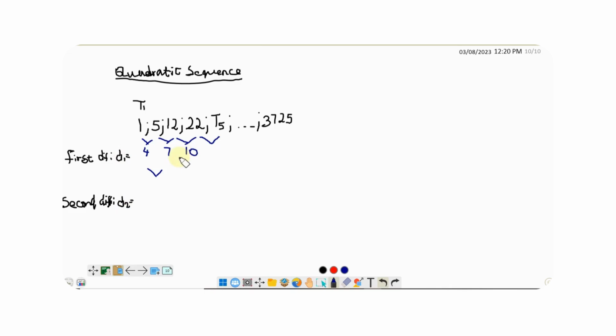From the first difference, we have to find the second difference. So the second difference is going to be 7 minus 4, which is 3. And then 10 minus 7 is going to be 3 as well. So now we can see that this is a common difference. We have 3, we have 3. So this tells us that the first difference of a quadratic equation is arithmetic.